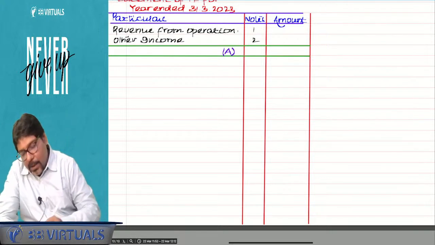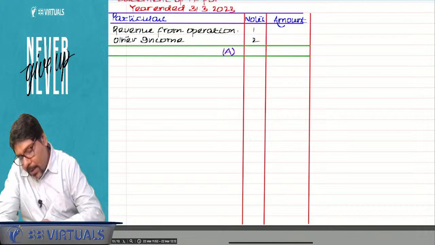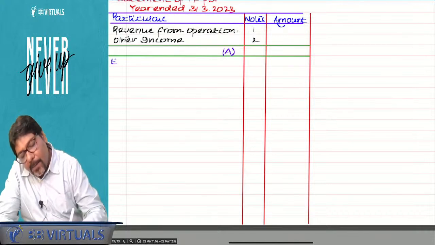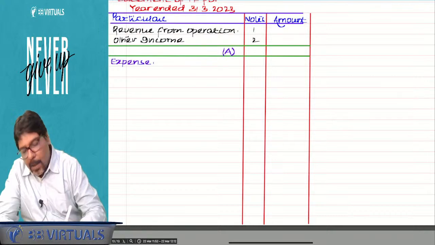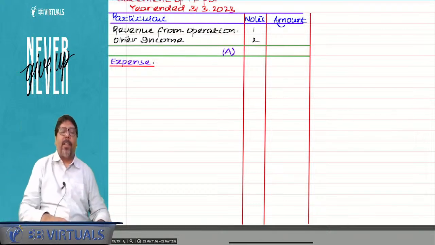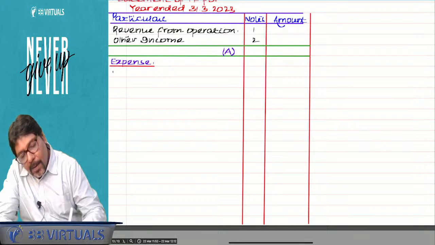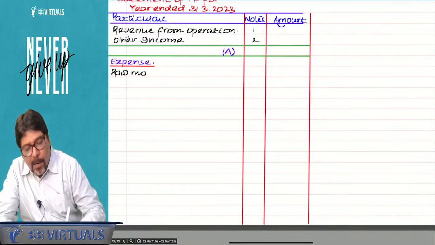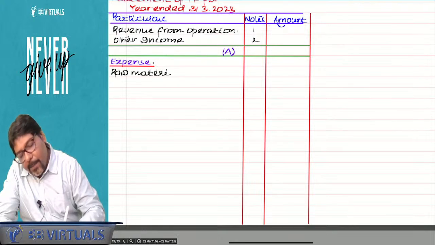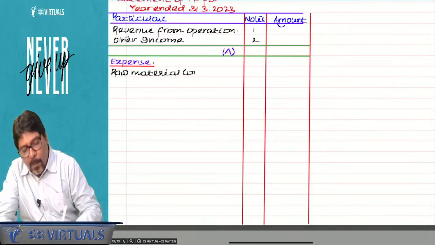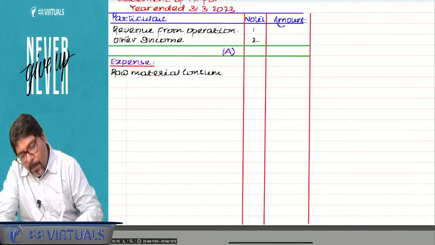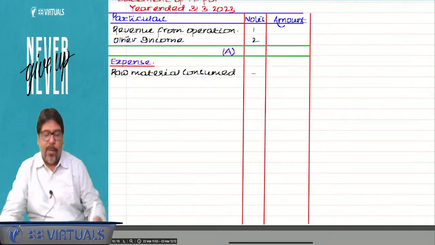Then chartered, expenses. Now, my first expense, what do we have? Raw material consumed. Do we have?